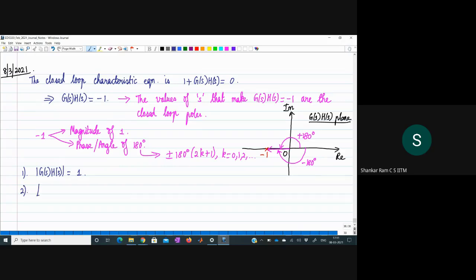The second one being the angle or the phase of G(s)H(s) being equal to an odd multiple of 180 degrees, so we are going to write that plus or minus 180 degrees times (2k plus 1), k equals 0, 1, 2, etc. The first equation is what is called the magnitude condition. The second equation is what is called the angle or the phase condition.